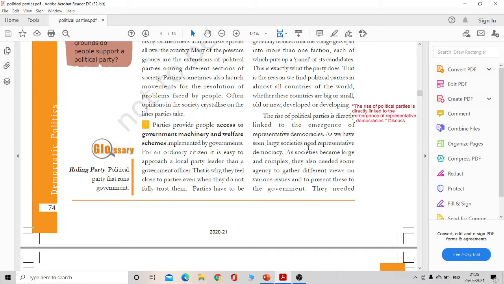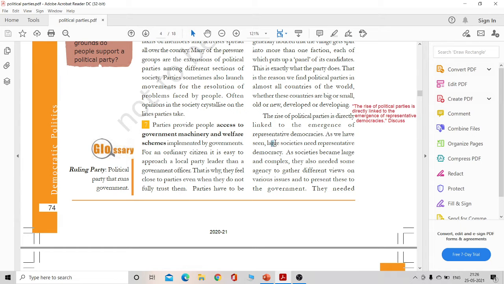If there is a democracy, then there will be a provision for people to share their opinions. And once that is guaranteed, freedom of speech and expression, then we will automatically see the rise of political parties, not only at the national level, especially at the regional level too.